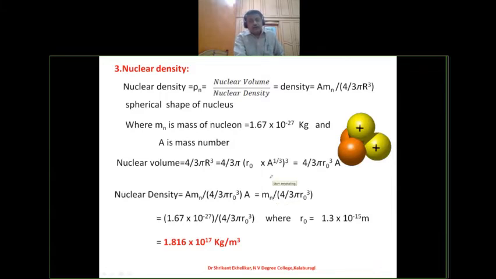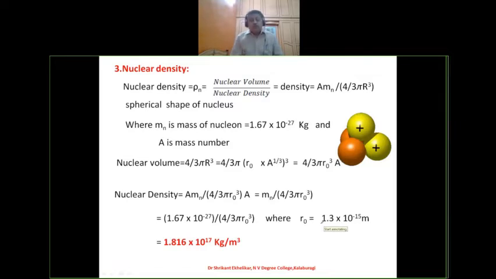raised to minus 27, divided by 4 by 3 pi r naught cube, where r naught is a constant equal to 1.3 into 10 raised to minus 15 meters. It is very interesting to see that nuclear density is independent of A, the total number of nucleons.